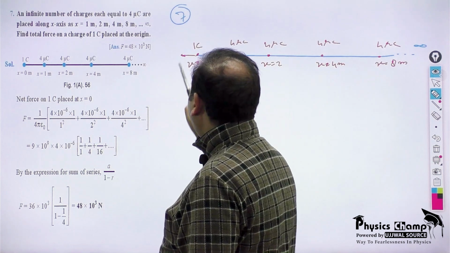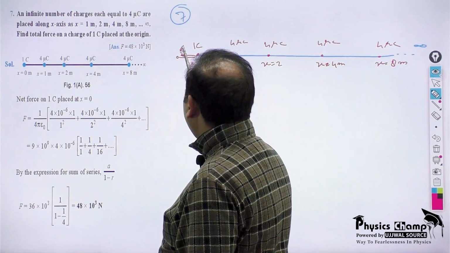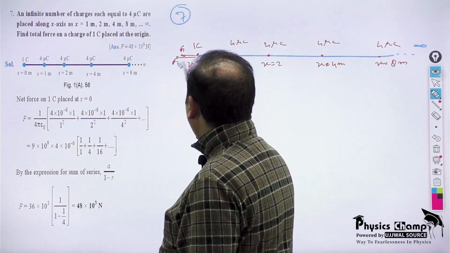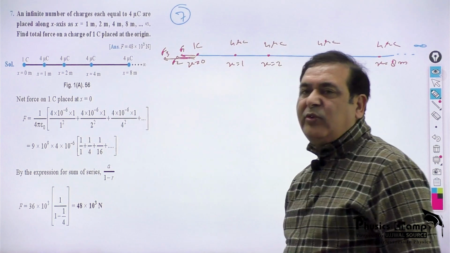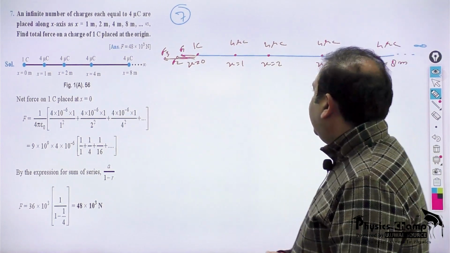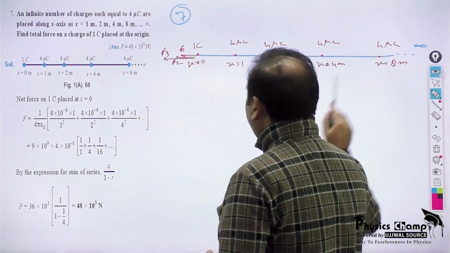So I can say it will experience a net force which is F1 plus F2 plus F3, all forces, because from every charge there will be a force of repulsion only, and they are all placed at distances 1, 2, 4, 8 like that.